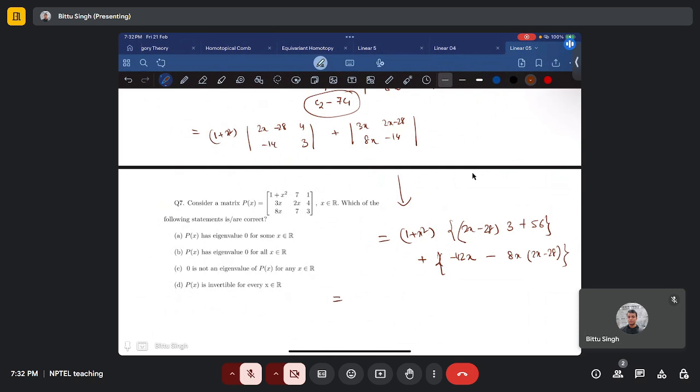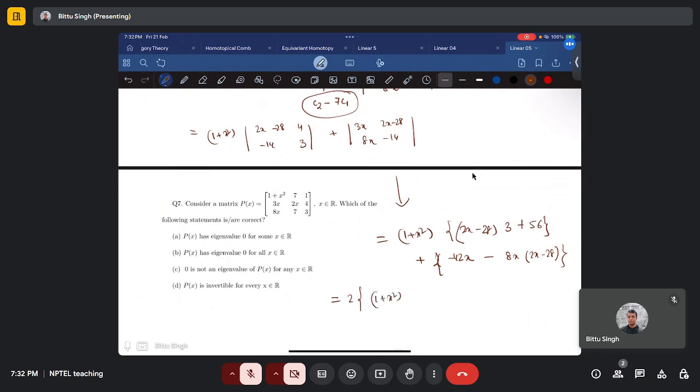So this is same as, so you can take 2 common. So it is same as 1 plus x square times 3x minus 42 plus 50 plus 28.